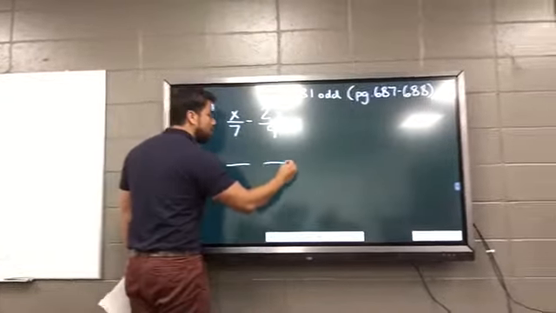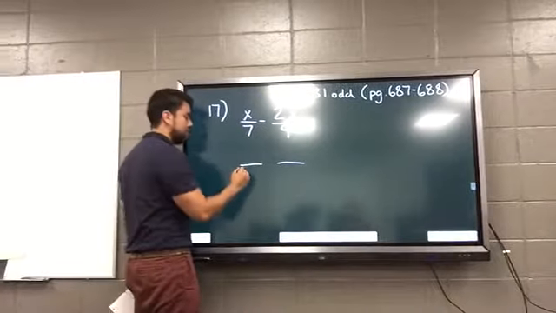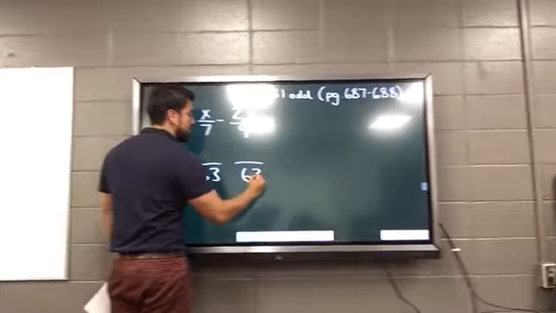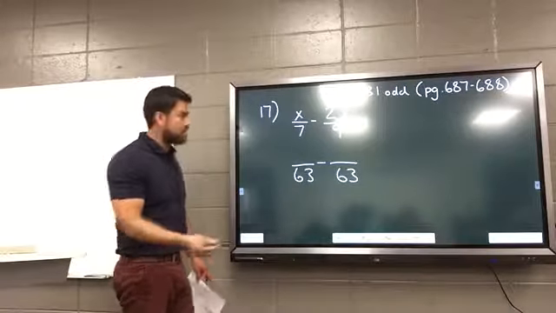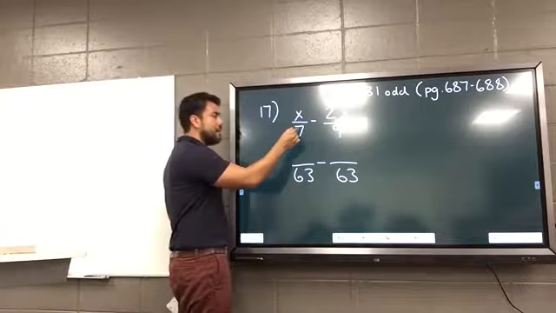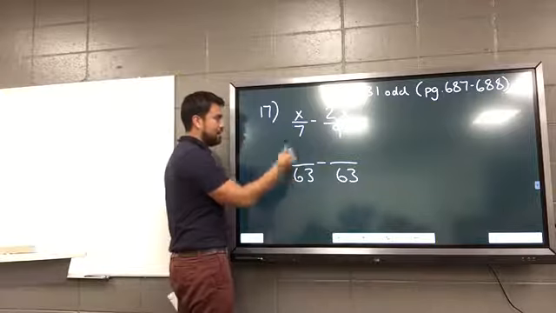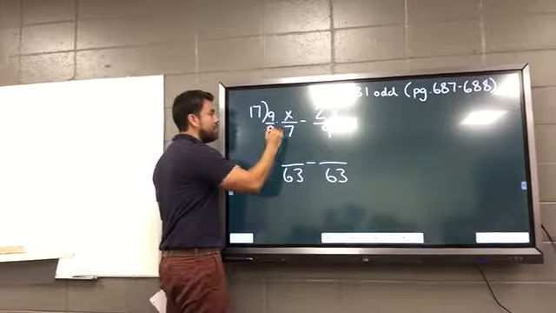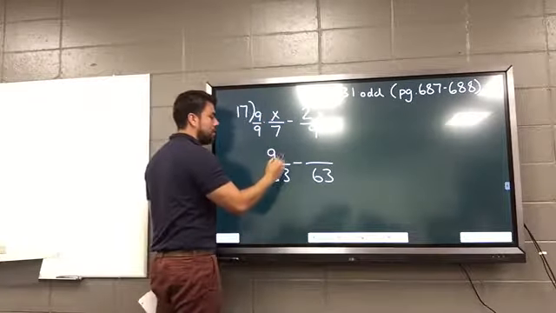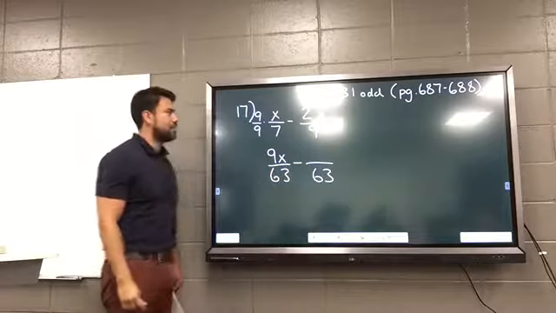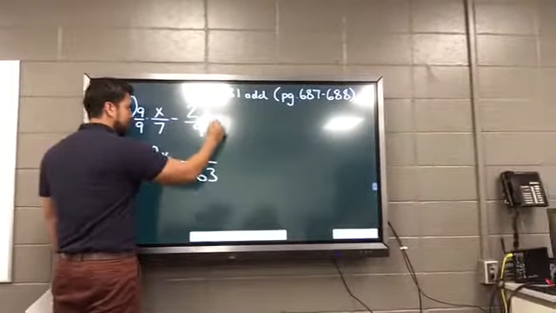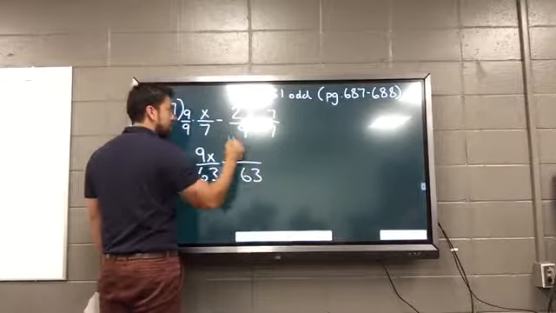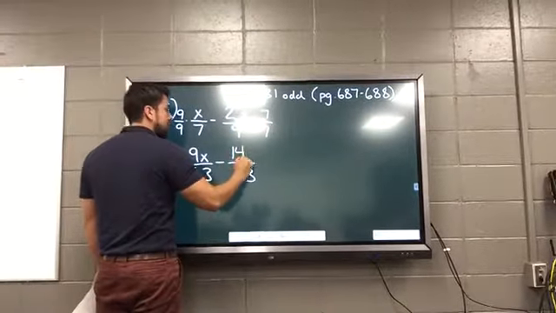So I already know what you guys got for 17. That's your denominator when you're working this one out. So now all you have to do is find out what I multiplied 7 by to get 63. 9. So I should multiply the top by 9, which is now 9x. What did I multiply the second denominator by to get 63? So I should multiply this by 7 over 7, which gives me 14x.